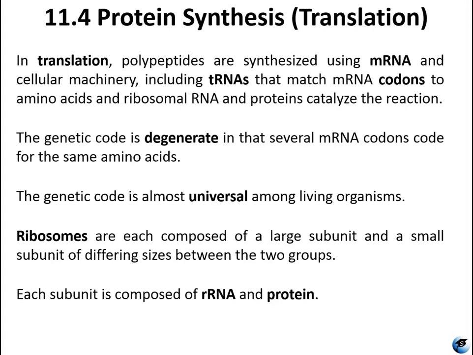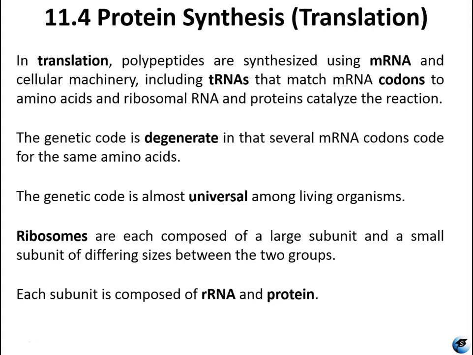There is a genetic code, and it's degenerate, and what that means is that several codons can code for the same amino acid. It's also pretty much universal amongst all living organisms, which is a huge deal. So the codons in my DNA, your DNA, are the same as those in insects, algae, bacteria. It's pretty cool, actually.